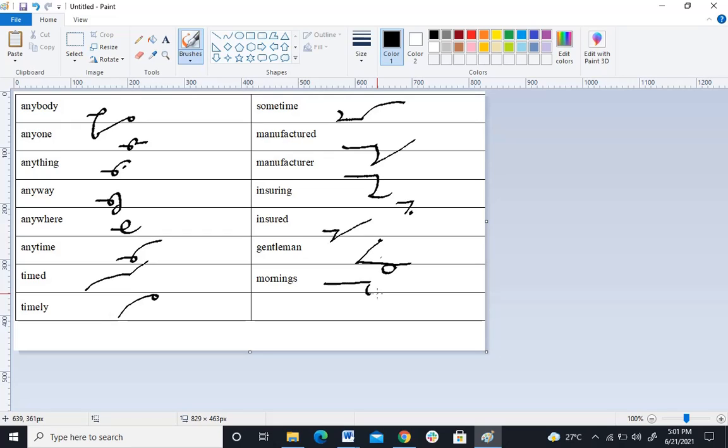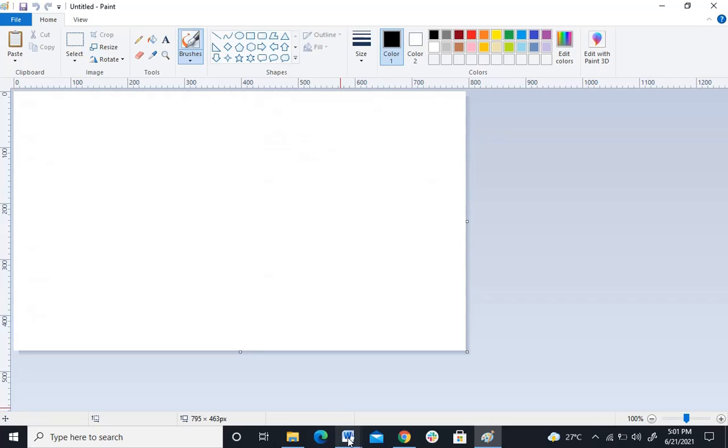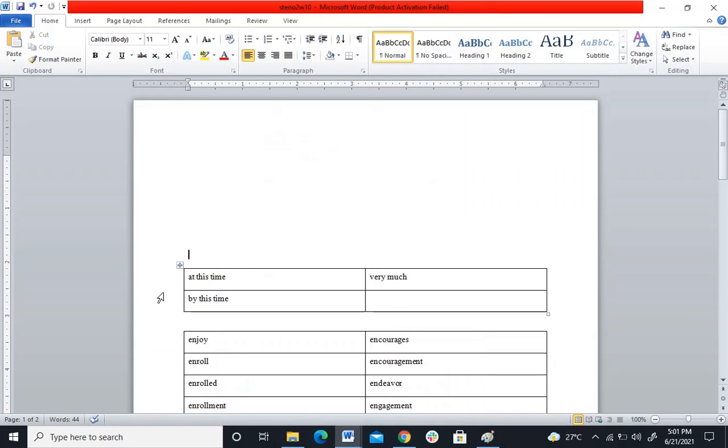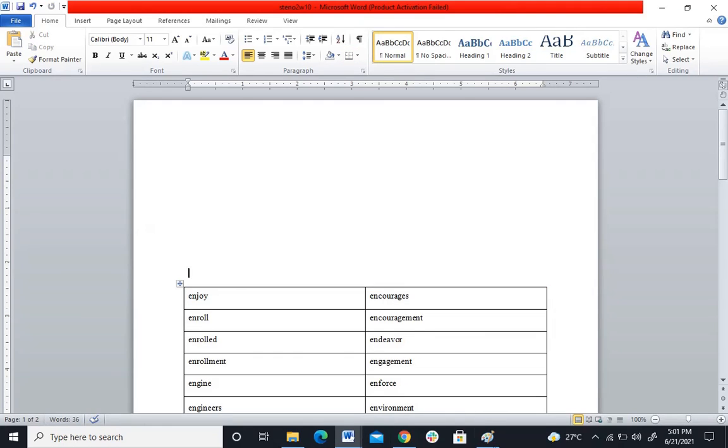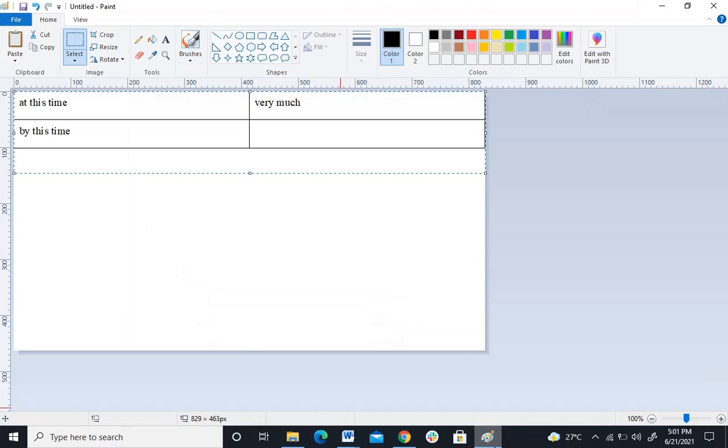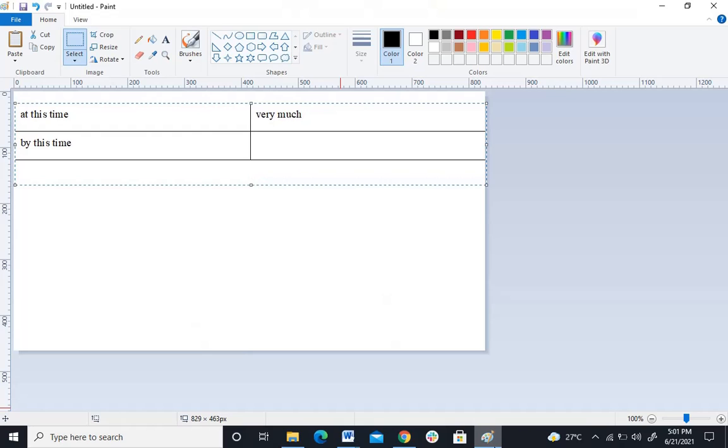Now, we have our brief form phrases. Kung may hindi po kayo nakuha, go back. We have our brief form phrases. Sa ating brief form phrases, we have at this time, at, yan, and then yung this, and then yung time.